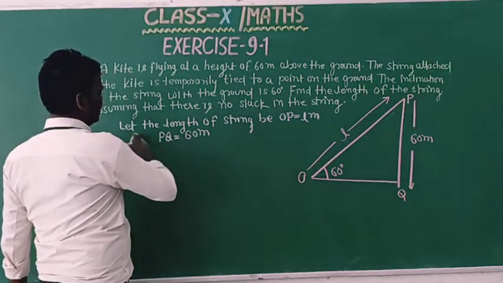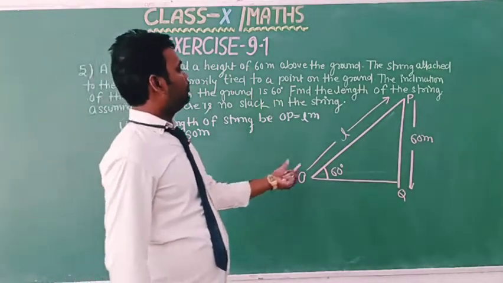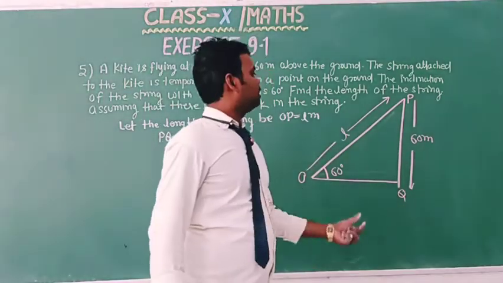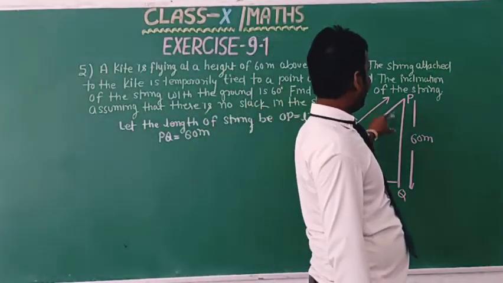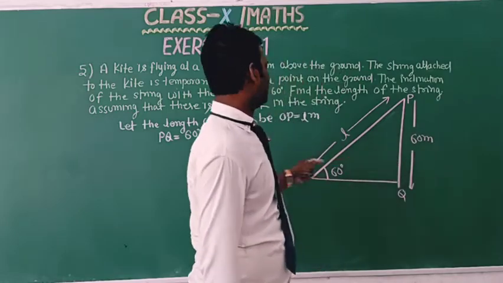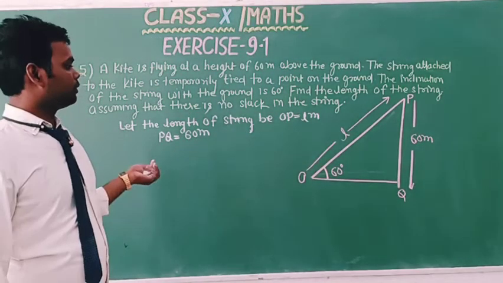So this is the complete figure of this question. First I suppose the length of the string OP is equal to L meter, and the height of the kite from the ground PQ is equal to 60 meter.